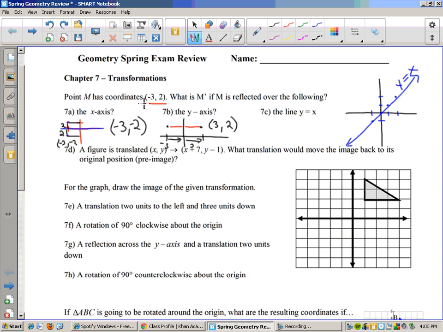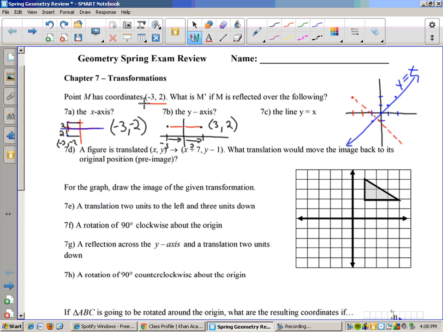But we also have our point here, which was negative 3, positive 2. So if I'm going to flip that across this line, I need to make sure that distance is the same as when it goes on the other side. How do I do that? Okay, well, there's a couple ways we could do this.